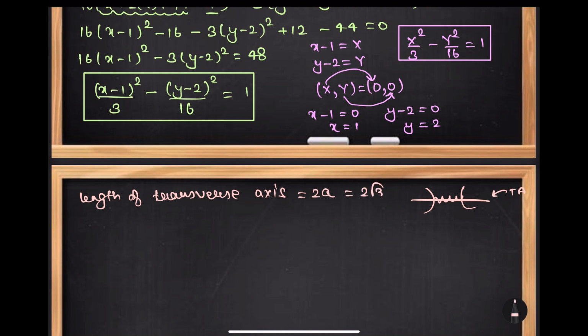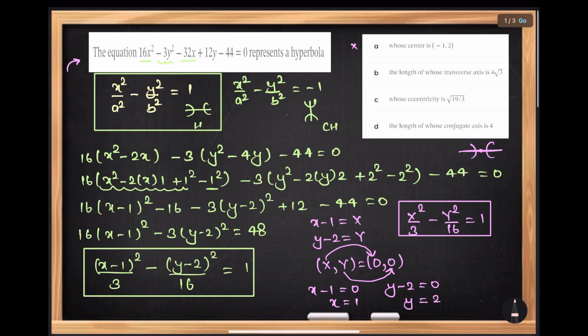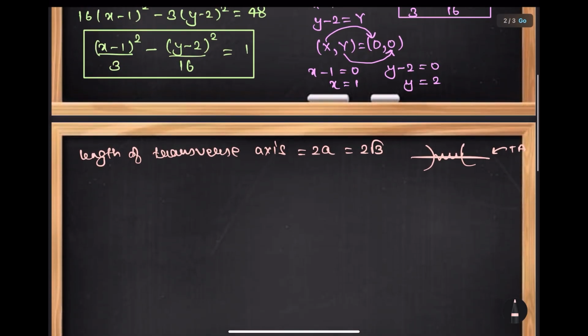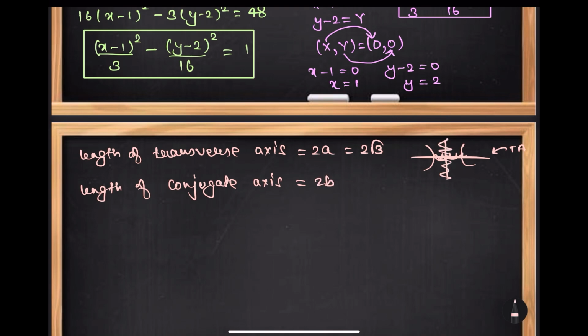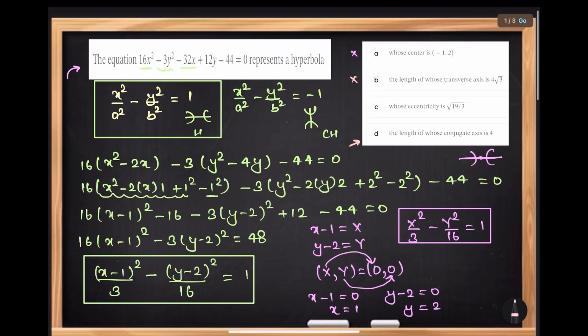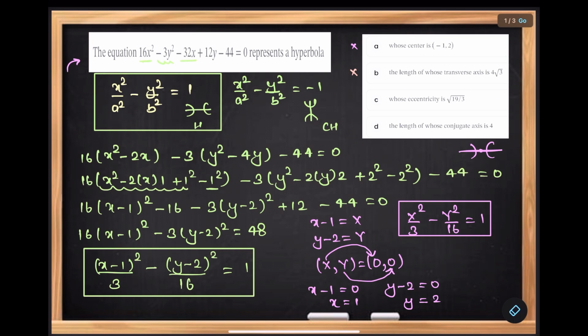So it is 2 root 3. But they have given 4 root 3, so it's wrong. Now look at this: length of the conjugate axis. This is the conjugate axis, and it is 2b. Who is b? This is b square, so b is 4. So it should be 8. But they have given 4, so this option is also wrong.